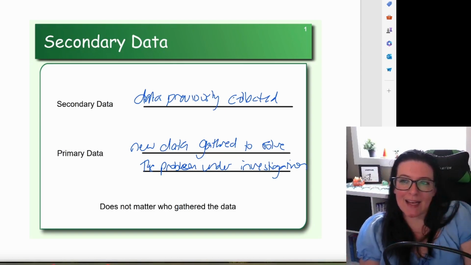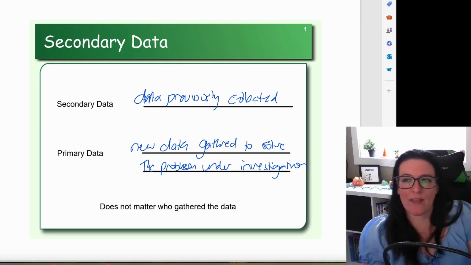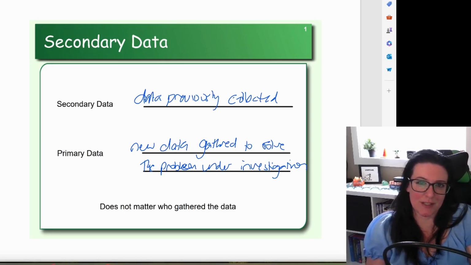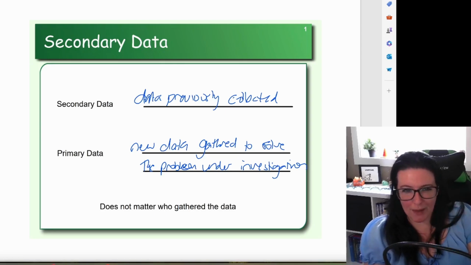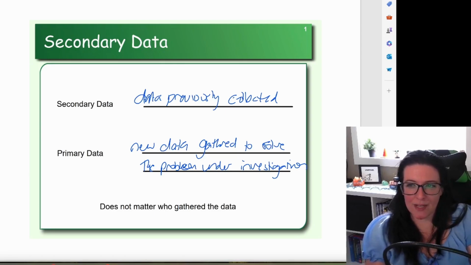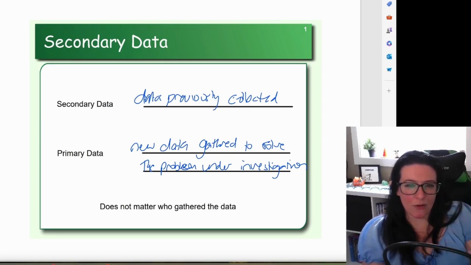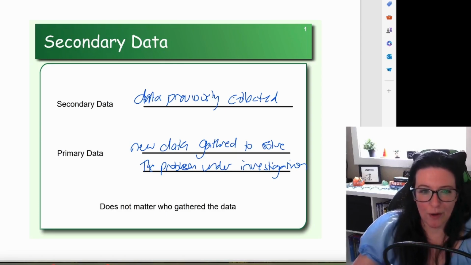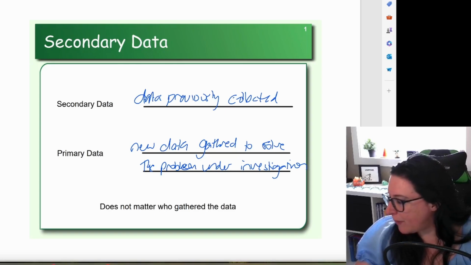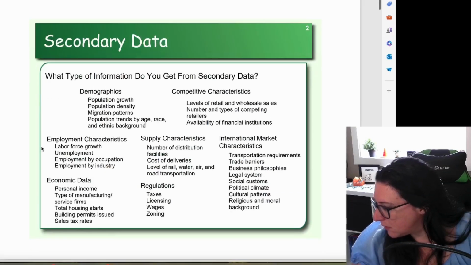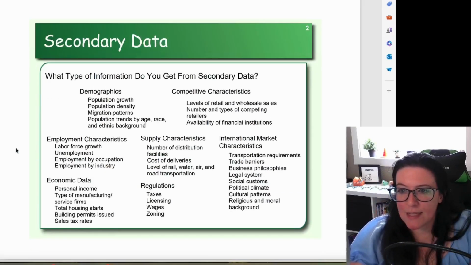So secondary data analysis can help us understand the context in which we're making decisions, help us know that political and economic environment that we're making the decision in, help us see what others might have done before. What type of information do you get from secondary data?